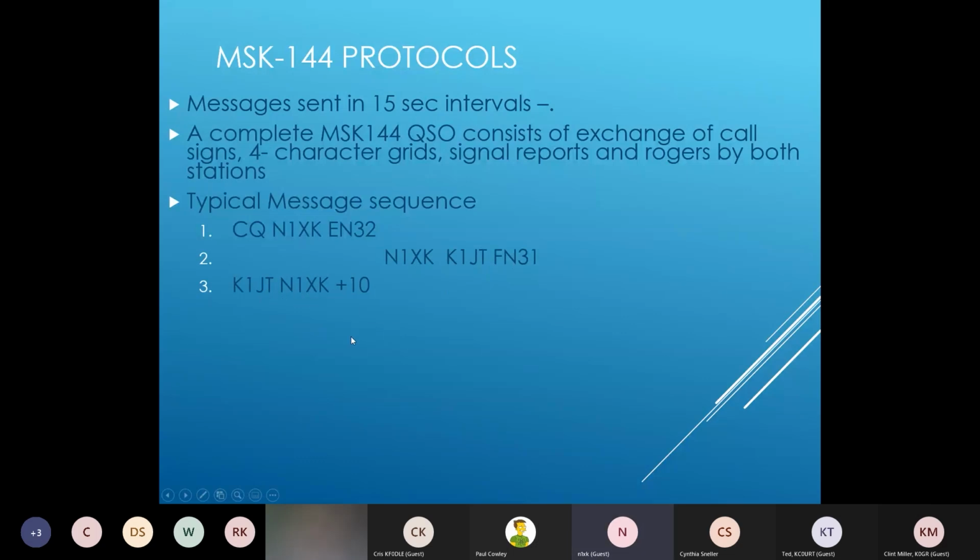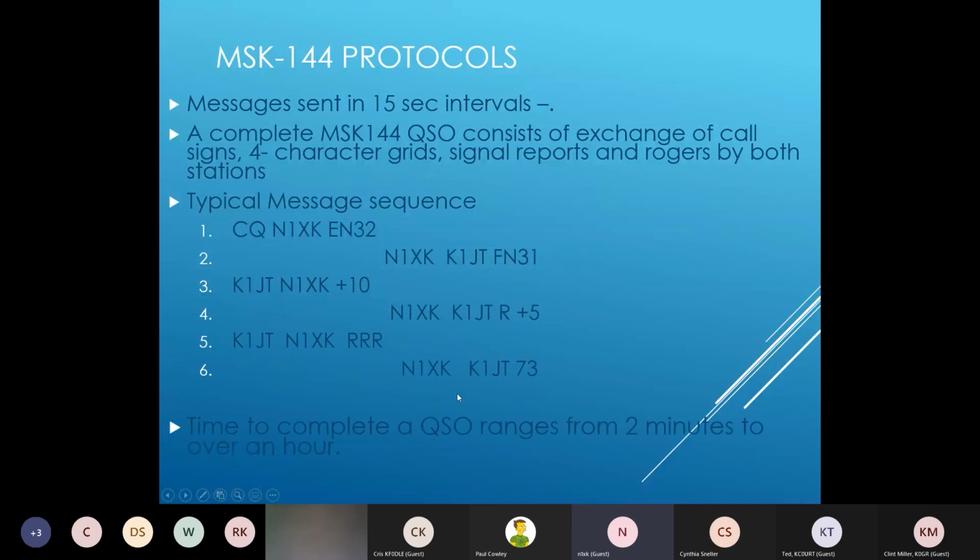So I'll repeat that to him. Just like FT8. Then we go ahead, I give him the Roger, and Roger plus 5 in this case. And he Rogered me, so the next time I will say RRR, I received it. And he'll finish saying K1JT 73. And we've completed a QSO.